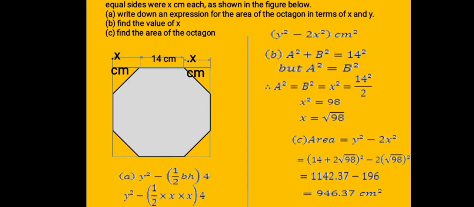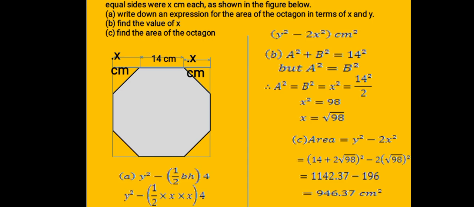So we are taking the whole square before the 4 isosceles triangles were cut, and then subtracting the 4 isosceles triangles to find the area of the octagon, and we found it to be y squared minus 2x squared.